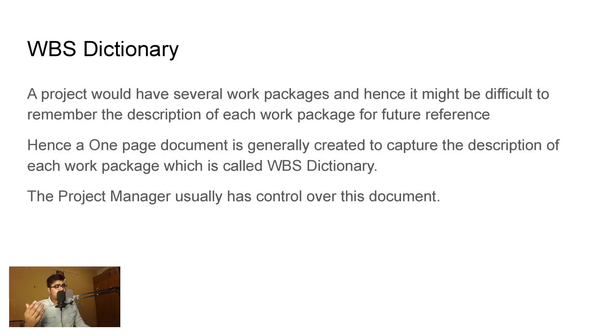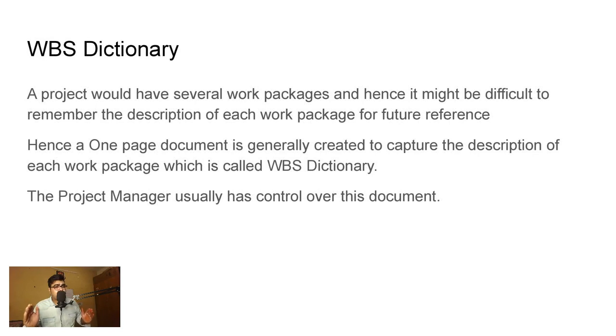So, what a project manager does here is that he prepares a one-pager document that generally captures the description of each of the work packages very briefly, and he keeps recording as and when he adds work packages in that one-pager document and calls this the WBS dictionary. It is almost like an index page for your book. Only thing is that here it would be a lot more detailed with a lot more columns added to it. This is WBS dictionary.